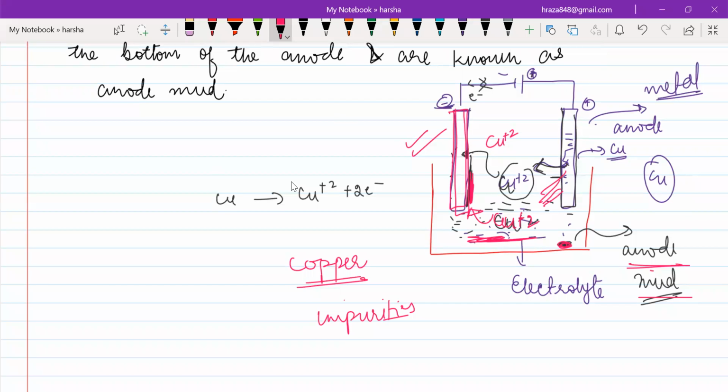Please let me know when everyone is done with this. This chapter is almost complete. So we are going to start a new chapter, Carbon and its Compounds, in the next class.